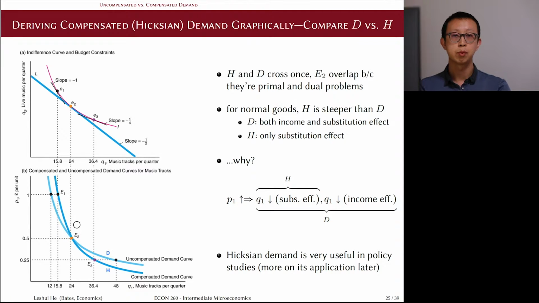The response when price decreases is very similar, just in the opposite direction. As price decreases, the substitution effect has the consumer switch towards this good. So the Hicksian demand increases from the level of E2 to the level of E3.